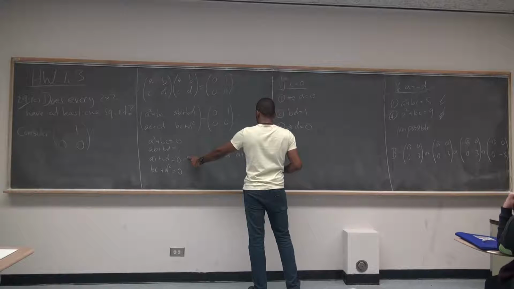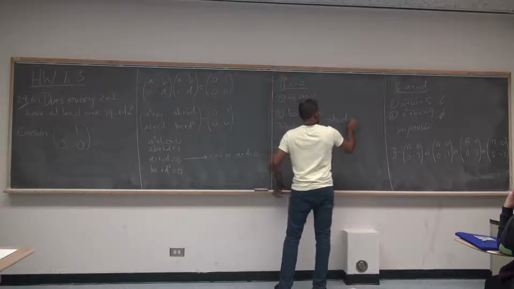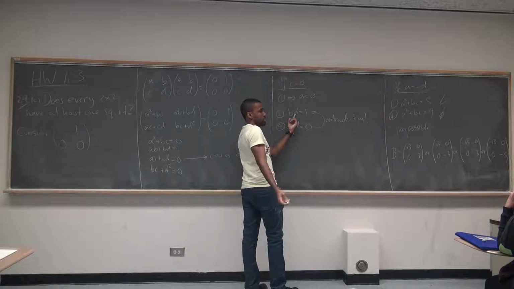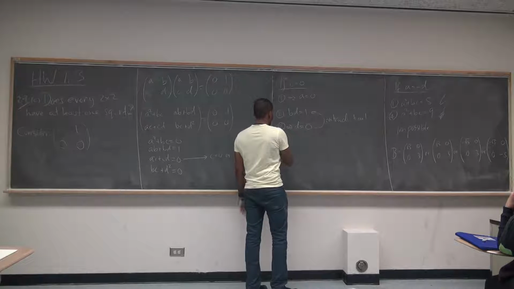Which doesn't work in equation 2. This contradicts that, because if D was 0, then there's no way that could be 1. So this situation is impossible.